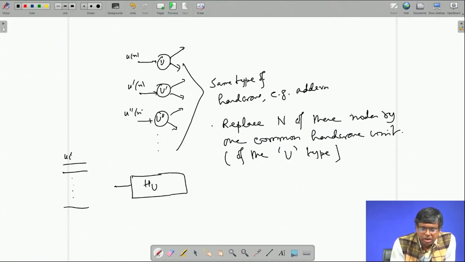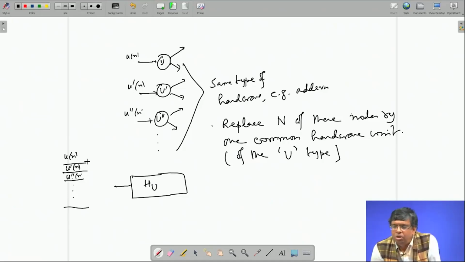Here also the same u n, u prime n, next maybe u double prime n, the same data lines. They are coming at an original input clock, that is the original input clock may be like this, nth.